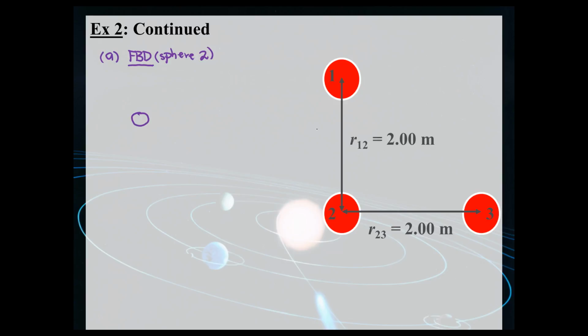And then let's look at how 2 interacts with 1. So if I'm object 2, what do I want to do in relation to 1? Well, the gravitational force is always attractive, so I want to go towards it. So we call that Fg12. If we pretend like 1 doesn't exist and identify how 2 would interact with 3, it would want to attract to it, so we would have Fg23.